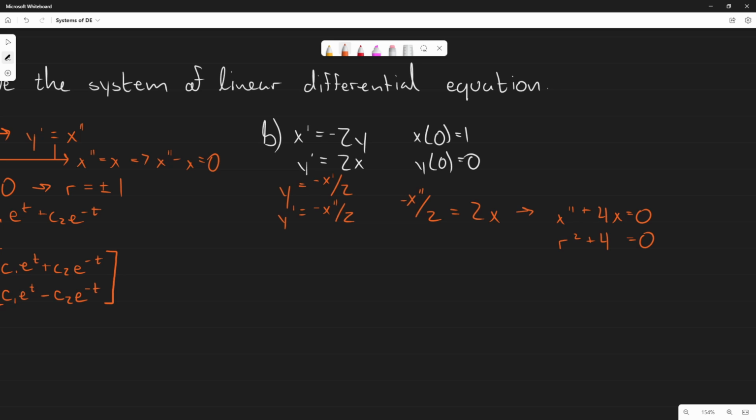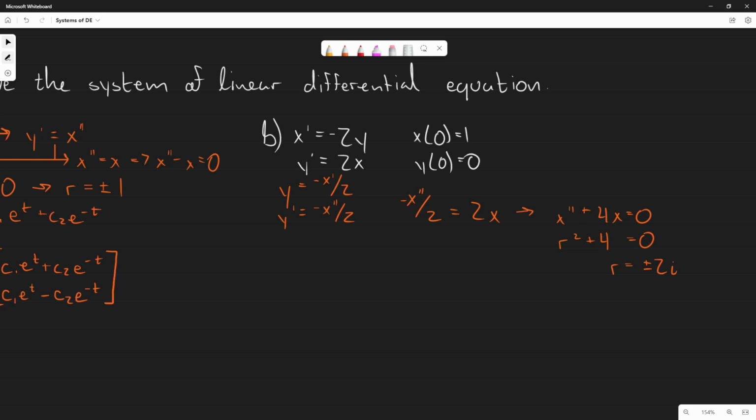So right here, it can't be real solutions, it can't be repeated. That means our solution is r equal to plus or minus 2i, because that will give us 4 times negative 1, so negative 4.